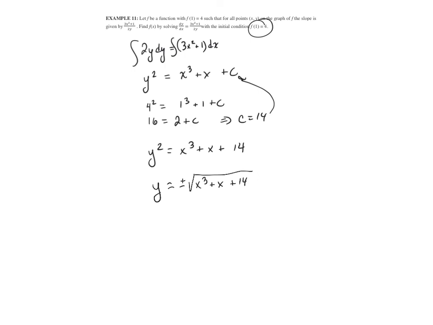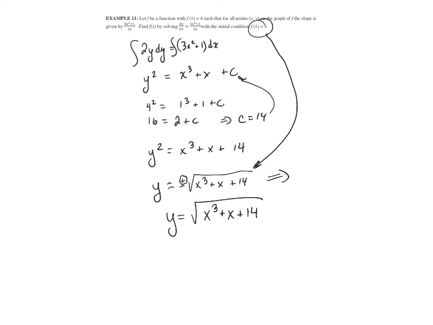And so the way you always solve that question is take a look at the initial condition. The initial condition that we have is when x is 1, y needs to be 4. So that means we need to choose the positive root of this guy. So our final answer would be y equals the positive root of x cubed plus x plus 14.